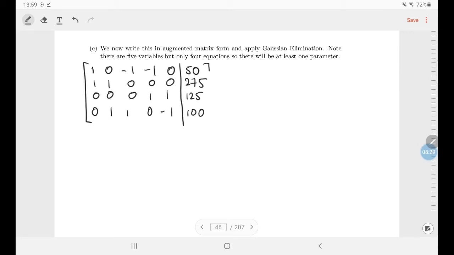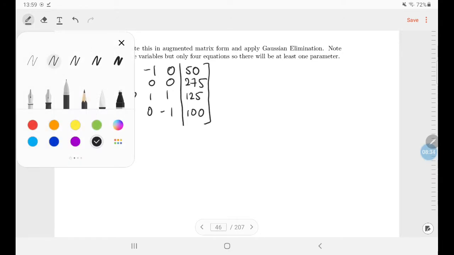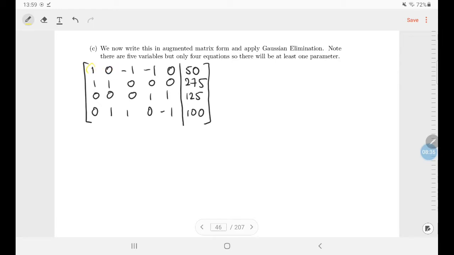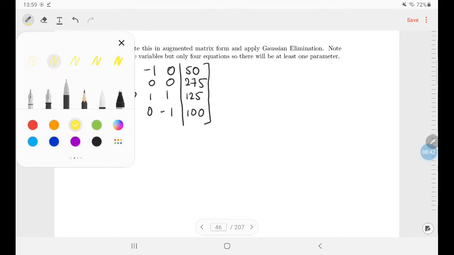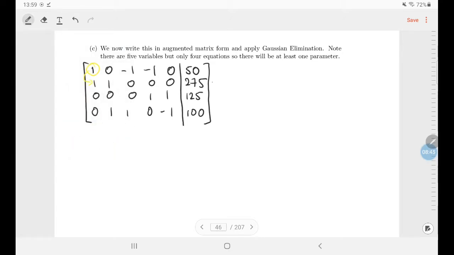So remember what we're going for. Well, we have a pivot, that's great. And we'll use that pivot to kill that. Okay, so we're going to do row 2 is sent to row 2 minus row 1. 1, 0, minus 1, minus 1, 0, 50.